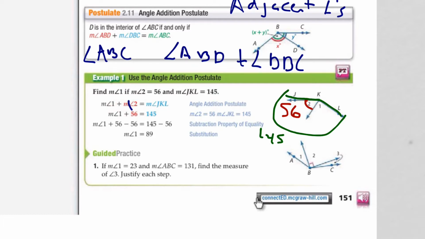Where did they get that? All they did was substitute. Now, in order to get measure of angle 1, it's just like solving for a variable. I'm going to subtract 56 from both sides, and I end up with measure of angle 1 equals 89. And I'm done. That's it. You can go the other way around. It just depends on the problem.